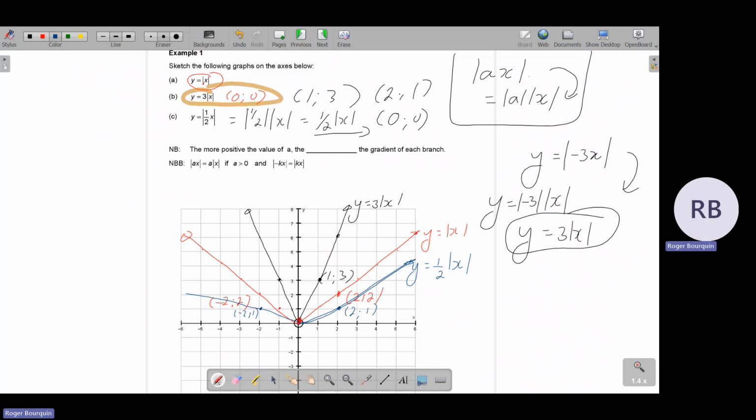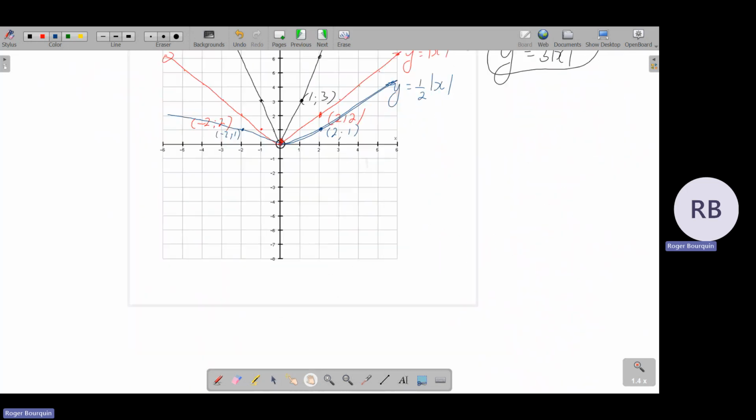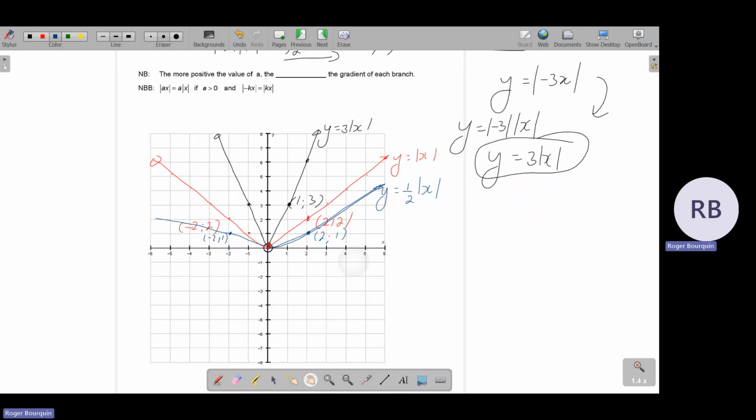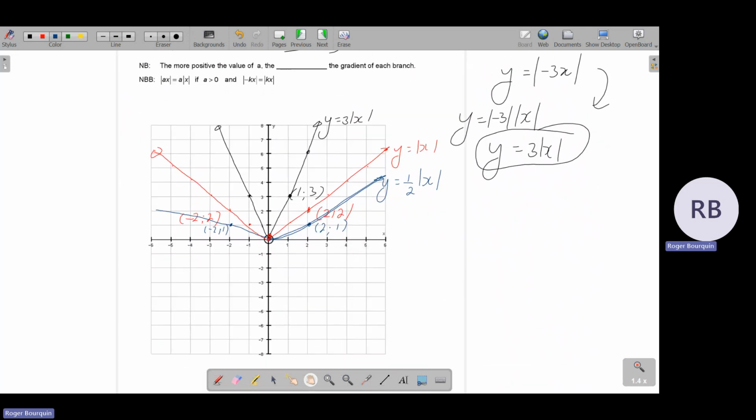So guys, they'll ask any questions afterwards. What did I just say in this question? Sketch. If you look at a pattern, you've got half the absolute value of x, 1 absolute value of x, 3 absolute value of x. If I had 6 absolute value of x, where would it be? It would go through 1, 6. That would be y is equal to 6 absolute value of x, you don't have to draw it.